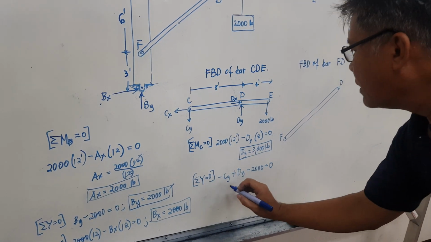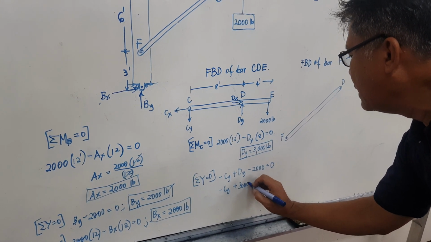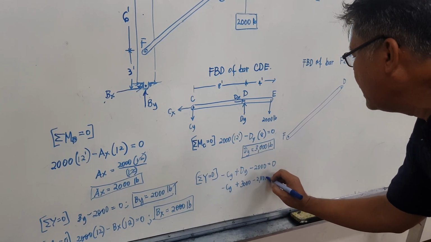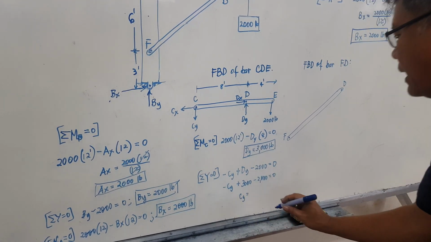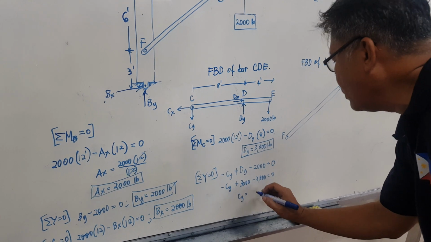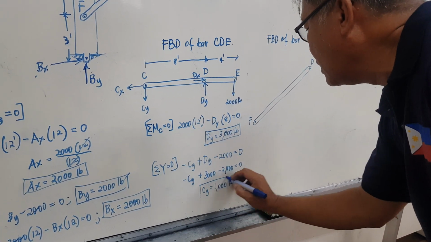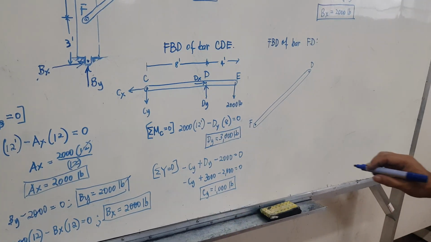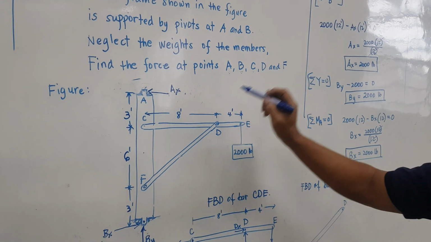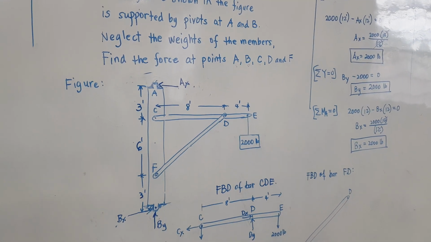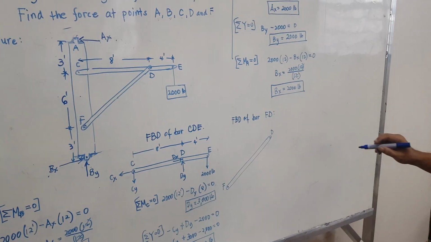So negative Cy plus Dy is 3,000 minus 2,000 is equal to 0. So Cy can be computed as 3,000 minus 2,000, that is 1,000 pounds. So this is one of the answers for pin at C.